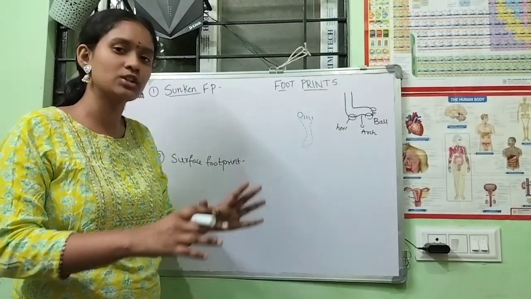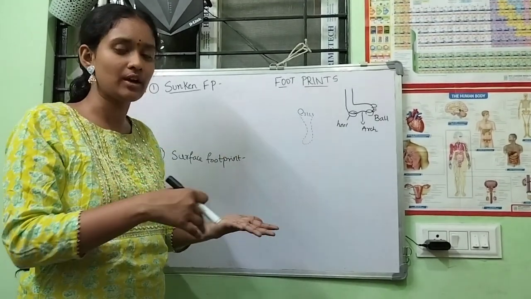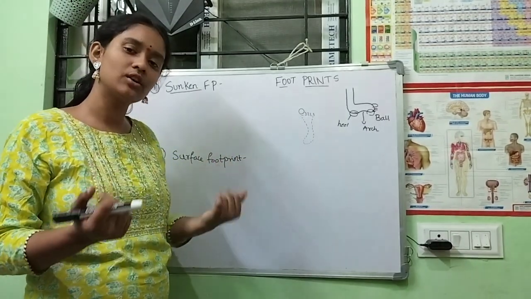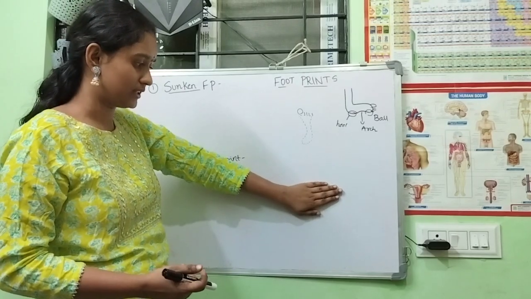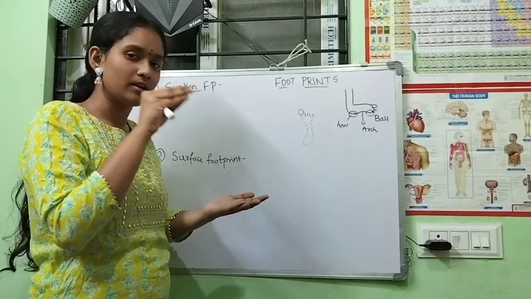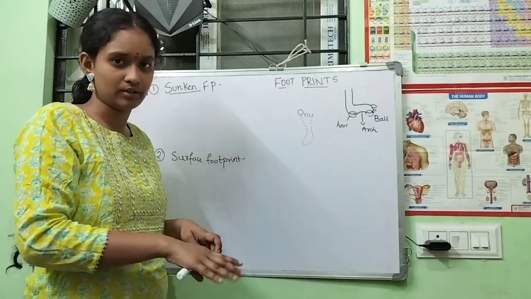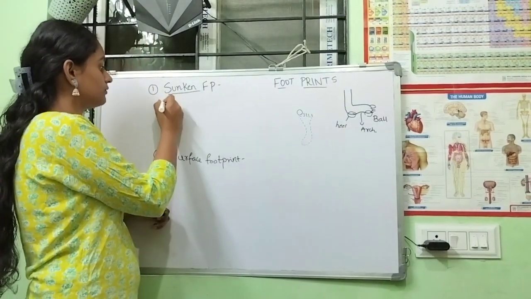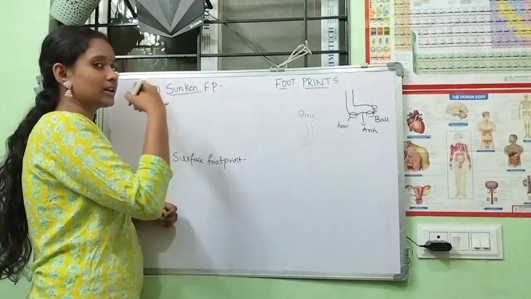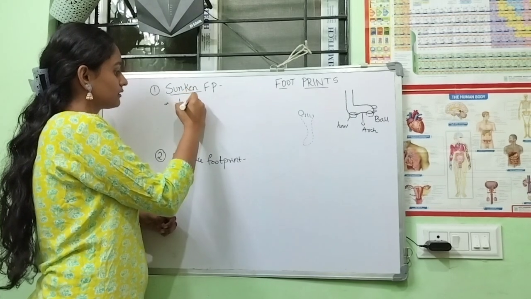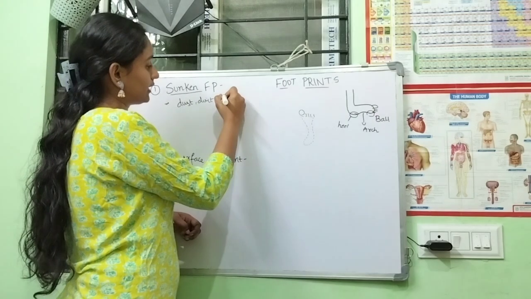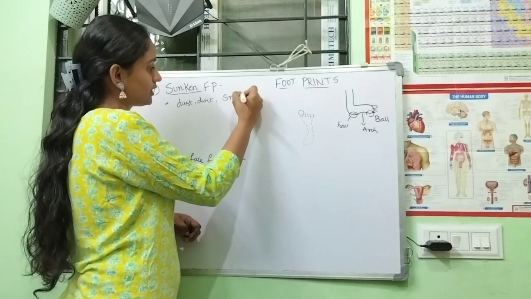If a crime has been committed in a snow area and the footprints are found in the snow, the impression will be three dimensional, with the footprint pressed down into the surface. So sunken footprints mostly occur when the ground is covered by dust, dirt, and sometimes snow.